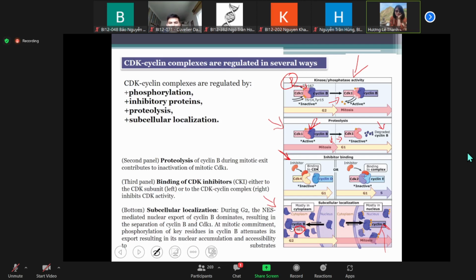Like they cannot bind each other because of the separate positions of the cyclin and the CDKs. So that is the 4 cases of regulation, but phosphorylation is the primary means of regulation.